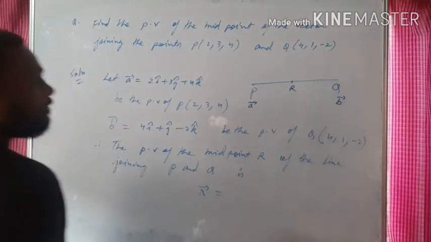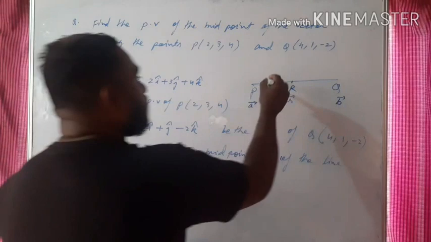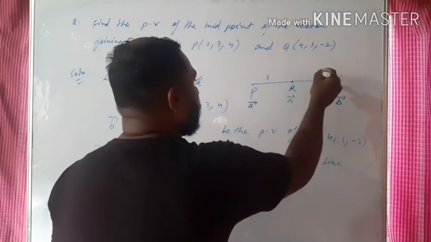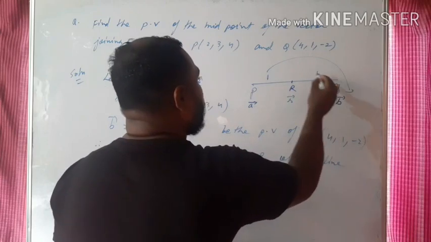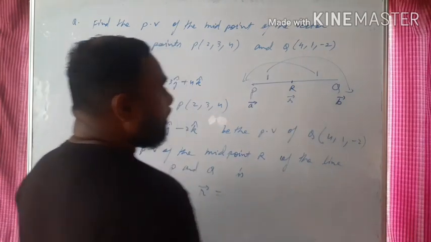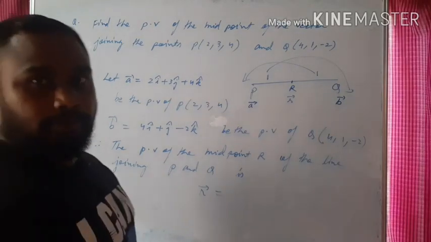If this is the midpoint, then the ratio will be 1:1, isn't it? So 1 will be multiplied there, here also 1 will be multiplied, and divided by 1 plus 1, that is, a plus b by 2.